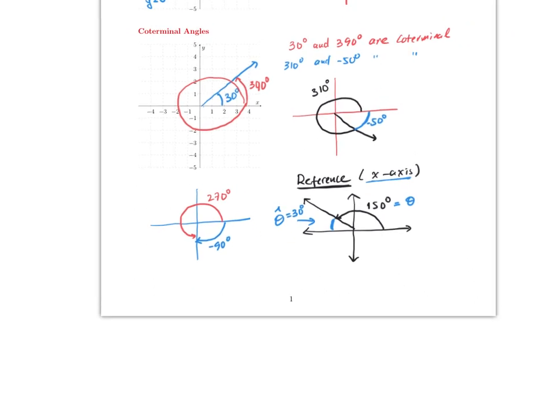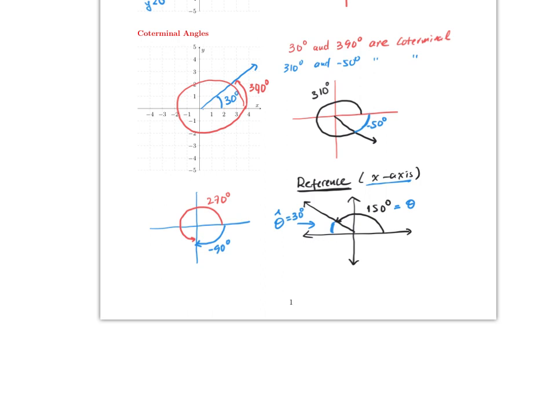So let me do one more. Let's say that you go from here all the way to here. So this is, let's say, 240 degrees. So that's the angle. And notice that this distance from here to here is 60 degrees, because from here to here, remember, is 180.